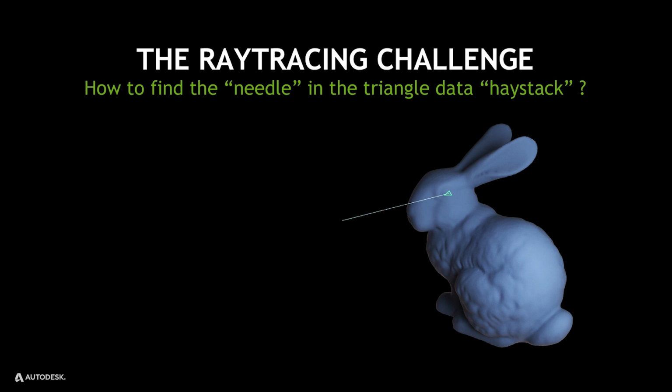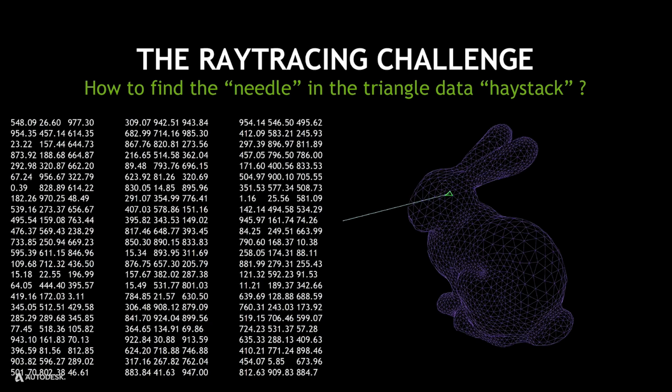Ray tracing is, in any renderer, the main building block, and it's usually one of the big performance bottlenecks. The question is, how do you find which triangle in a huge data set is the one that a certain photon you're simulating hits? To the computer, it doesn't really look like a bunny. It's just a bunch of numbers.